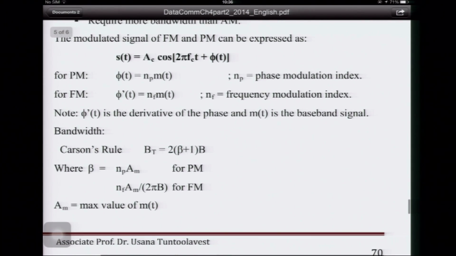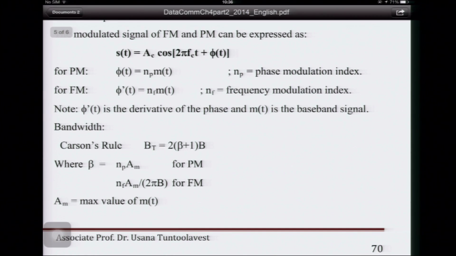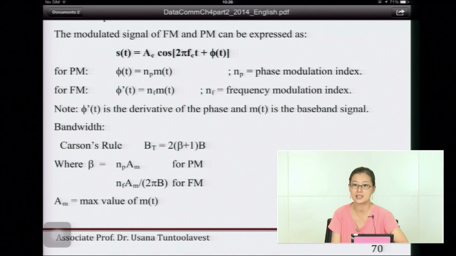I will explain these two in detail in another class, the principles of communication class, okay.